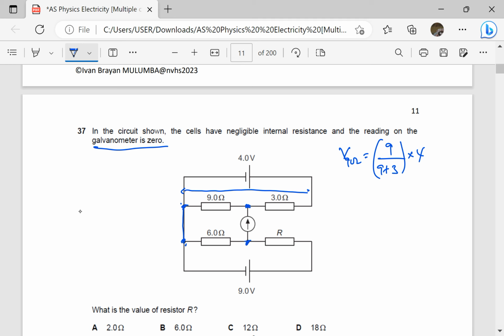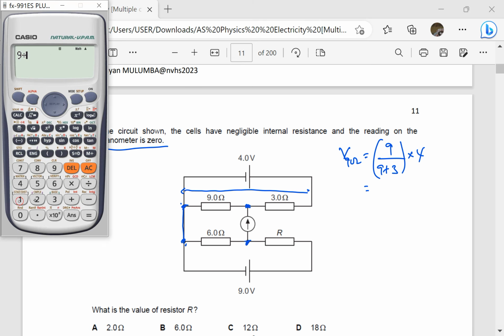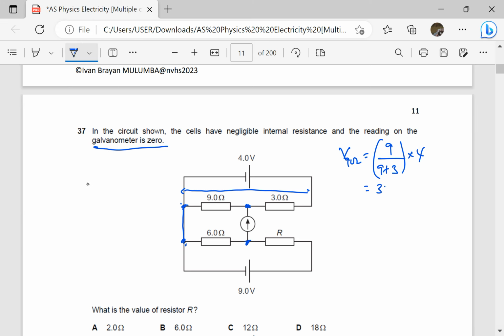So this is 9 divided by 12 times 4, that is 3 volts. So the PD across 9 ohms is 3 volts, not 3 ohms. So that is 3 volts.